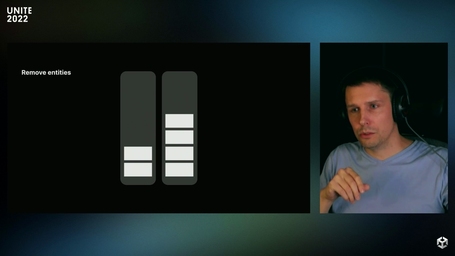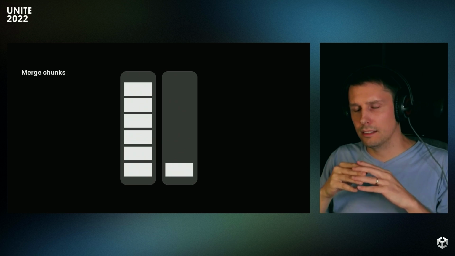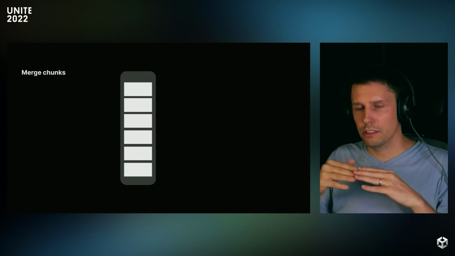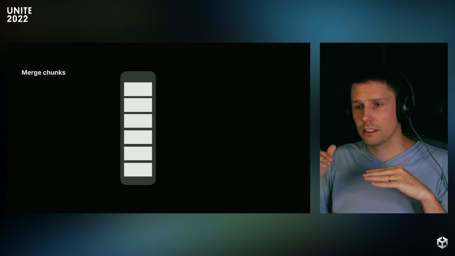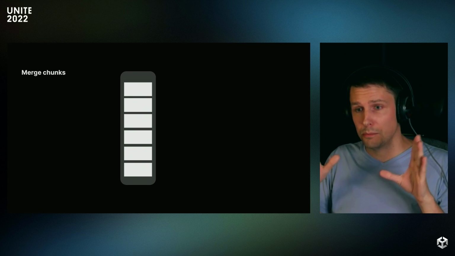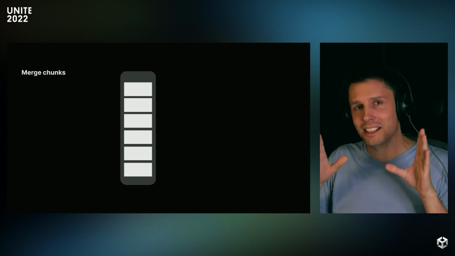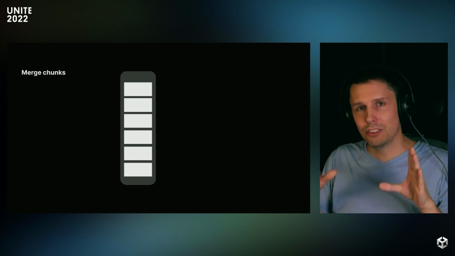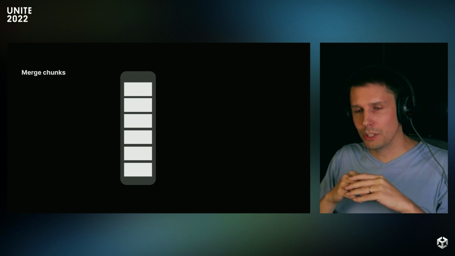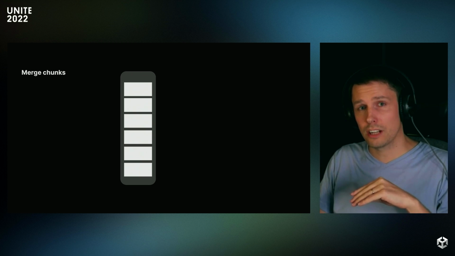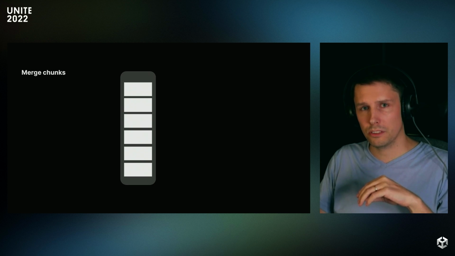So what we decided to do was implement a chunk defragger. Every frame, it analyzes an archetype and checks if it's using the ideal amount of chunks. And if it's not, it merges them. This is quite straightforward, unless you're using shared component data. Shared components are another concept in ECS where we can group entities together.